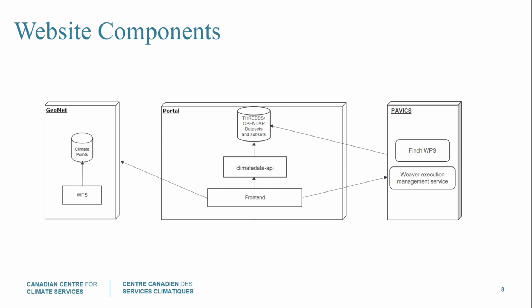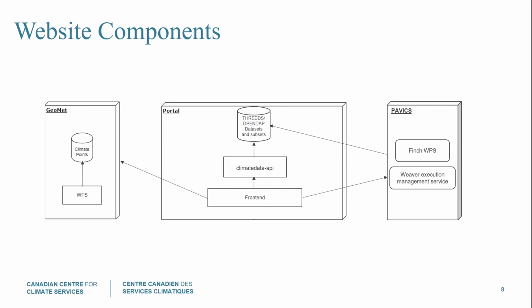And we use an execution management service called Weaver to execute the web processing service calls on PAVICS using Finch, which is an open source web processing service specific to climate indicators that was developed as part of the Data Analytics for Canadian Climate Services initiative.